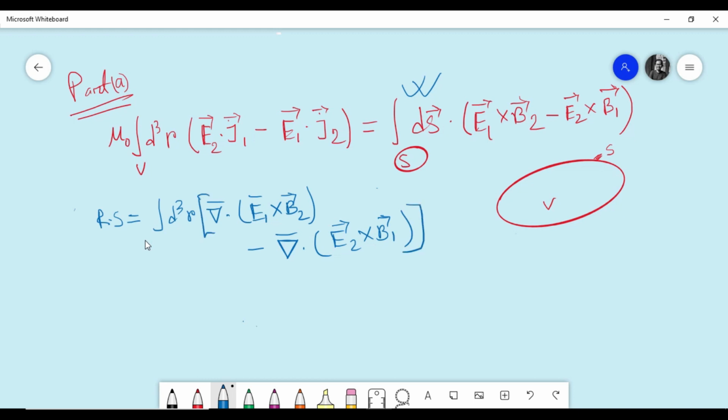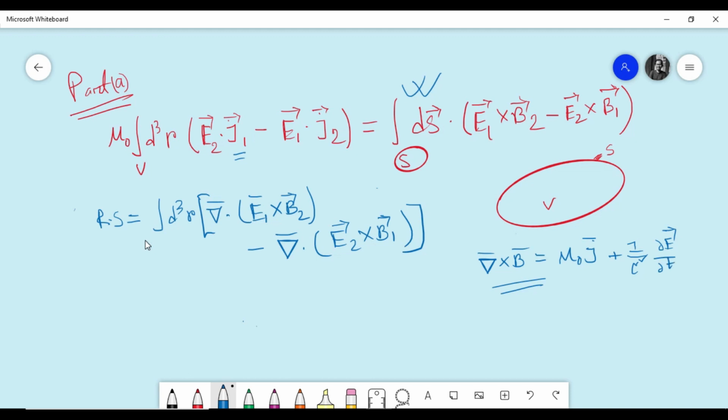Now, as you can see, there is a current density term present here, and we know that in Ampere's-Maxwell's law, we have the current density term on the right side, and on the left side we have the curl of magnetic field.